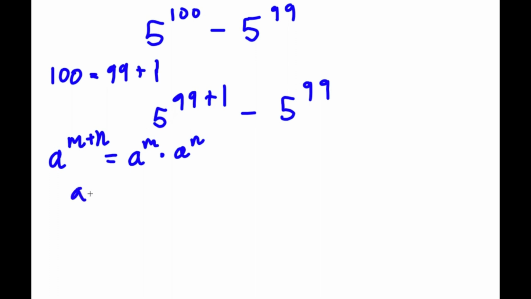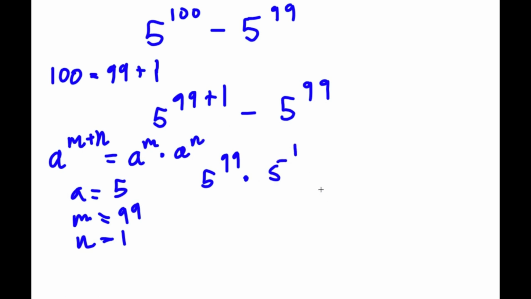In this case, a would be 5, m would be 99, and n would be 1. So we're going to rewrite 5 to the power of 99 plus 1 as a to the power of m, so 5 to the power of 99, times a to the power of n, so 5 to the power of 1. And we can't forget our 5 to the power of 99.